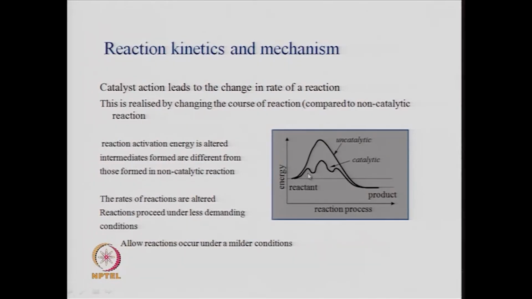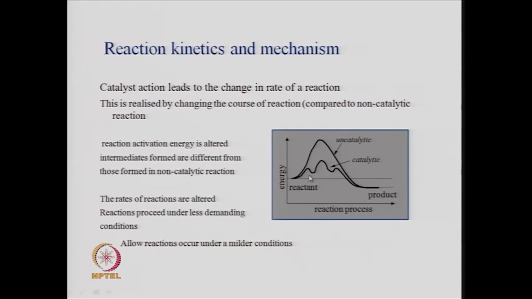So, in a catalytic process, you not only lower the activation energy, but you may also end up with intermediate states, and the intermediates can be isolated. They may be stable for a short amount of time and can be isolated or seen spectroscopically.